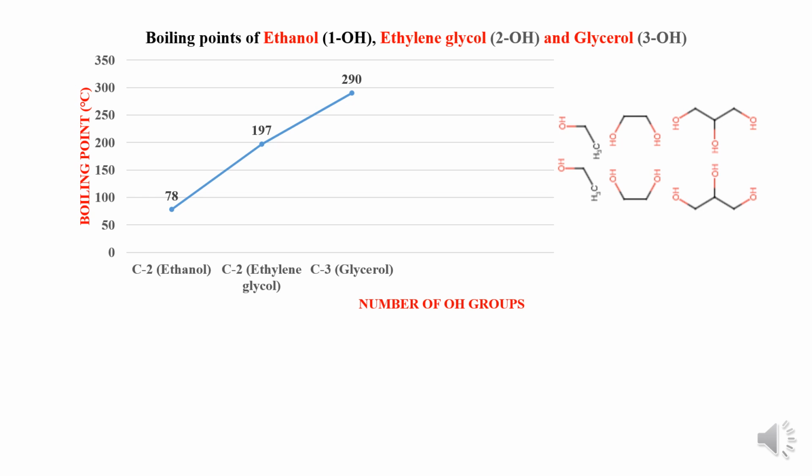So monohydric alcohol is that particular alcohol with only one OH group. Dihydric alcohol has two OH groups, while trihydric alcohol has three OH groups.